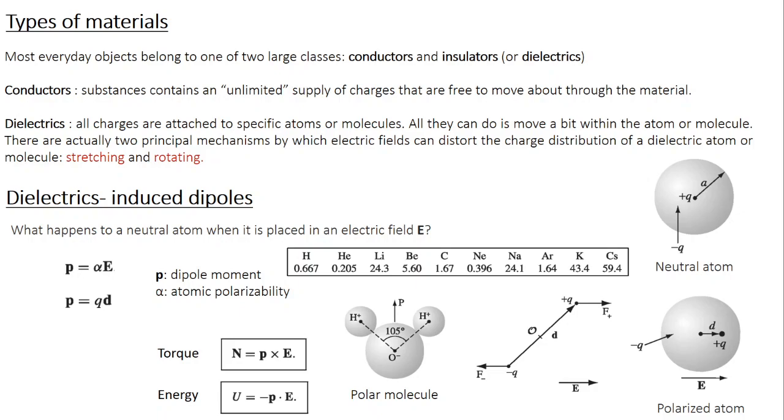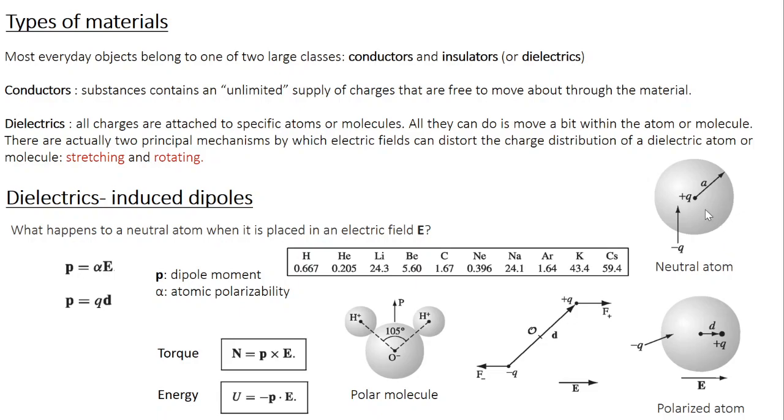Let's take the case of a neutral atom. This is the conventional picture of a neutral atom. It has a positive core with charge plus Q, you can call this the nucleus, and the negatively charged electron cloud around it, let's say minus Q is the charge of the electron cloud. So I have equal numbers of positive and negative charges, so they cancel each other. That's why we say this atom is electrically neutral.